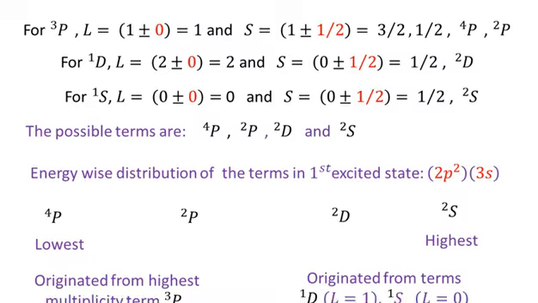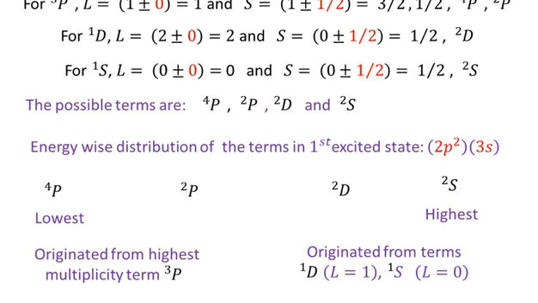Now you see that I am using Hund's rule in order to arrange these four terms in terms of energy. So 4P, being the highest multiplicity, has the lowest energy, then the 2P term. These two terms, the 4P term and the 2P term, were obtained from the 3P, and 3P has the highest multiplicity.